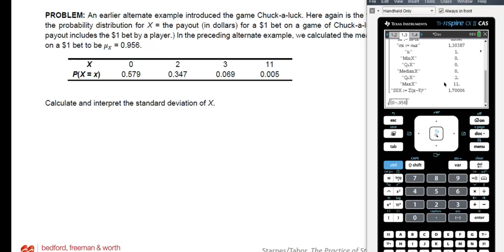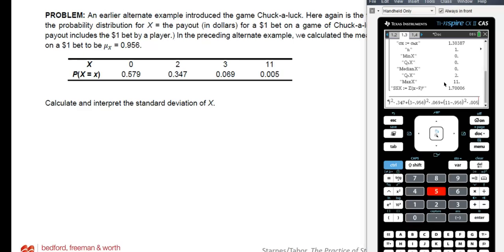So 0.956 squared, see if this works, times the probability of 0.579 plus 2 minus the mean, 0.956, quantity squared, times 0.347 plus the quantity, we're almost there, 3 minus the mean of 0.956 squared times the probability of 0.069 plus finally 11 minus 0.956, quantity squared times 0.005.